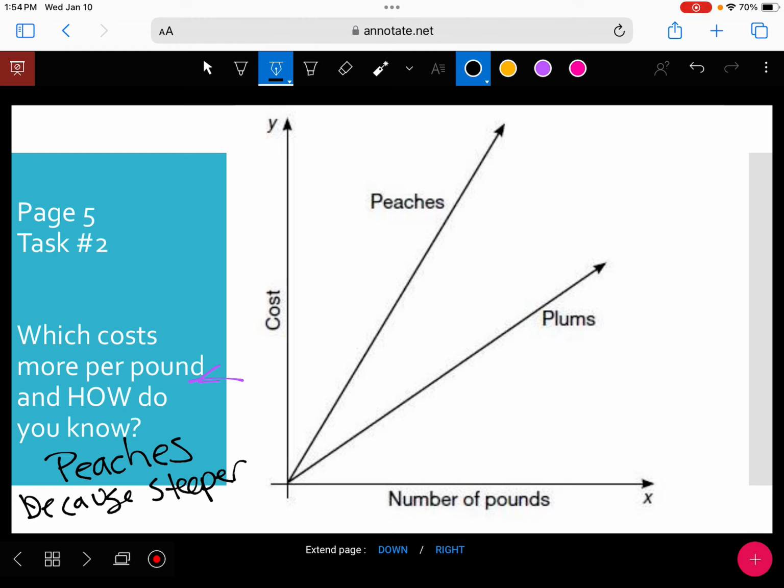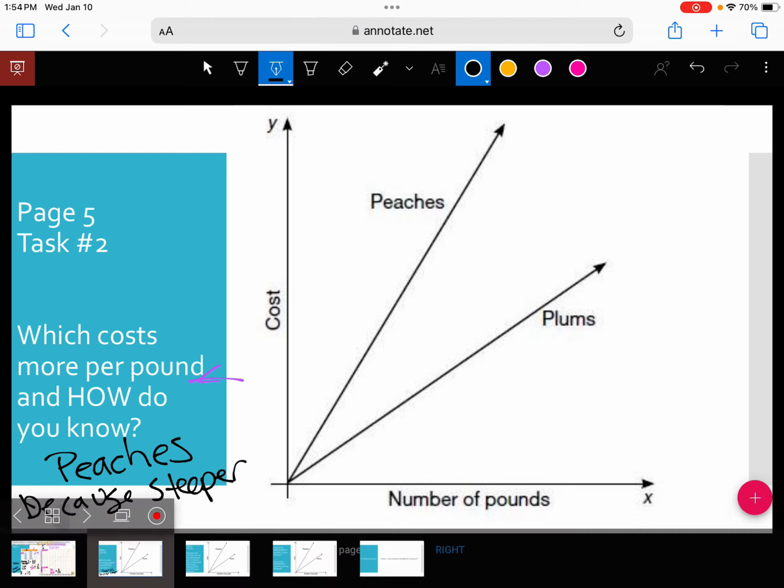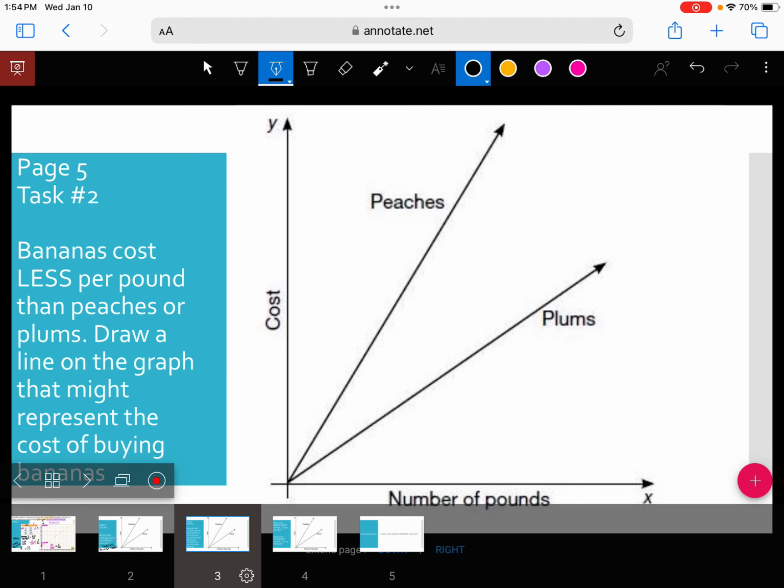Okay? So if bananas cost less per pound than peaches or plums, exhibit is on my next page. Bananas cost less per pound than peaches or plums. Draw bananas. Not a banana. Draw bananas as a line. Just clarify.